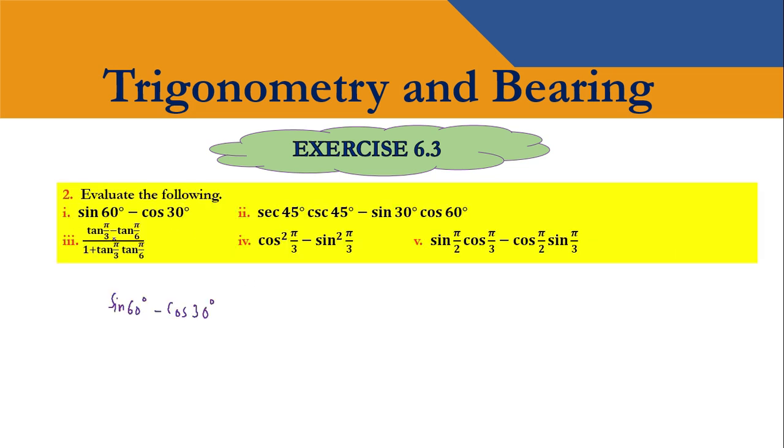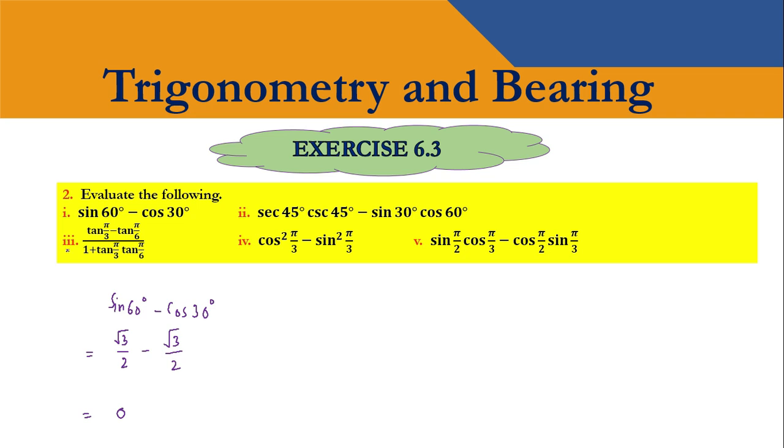So by using the table, we put the value of sine 60 degree, which is under root 3 divided by 2, minus cos 30 degree, which is under root 3 divided by 2. So the answer of this expression is equal to 0. So that's all about this question. Similarly, you can solve the other questions. You can put the values from the table here and solve it.